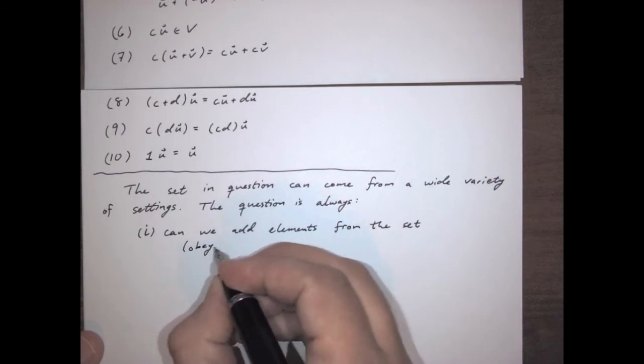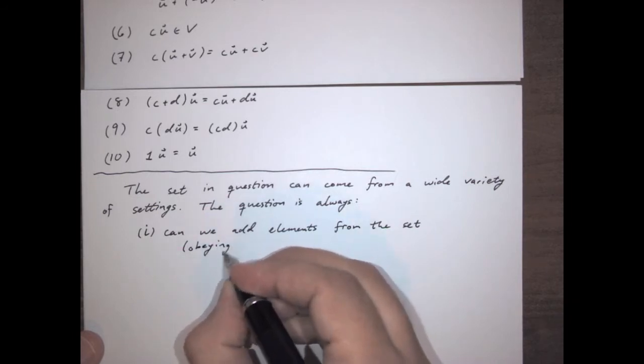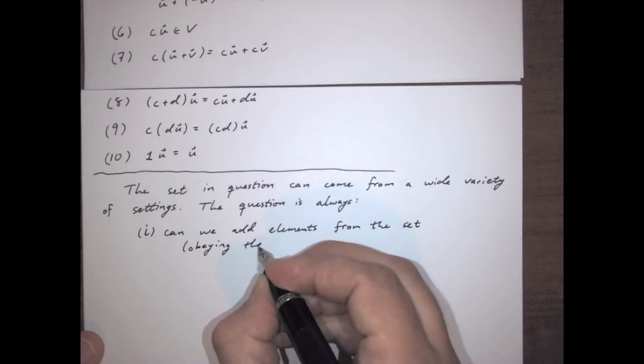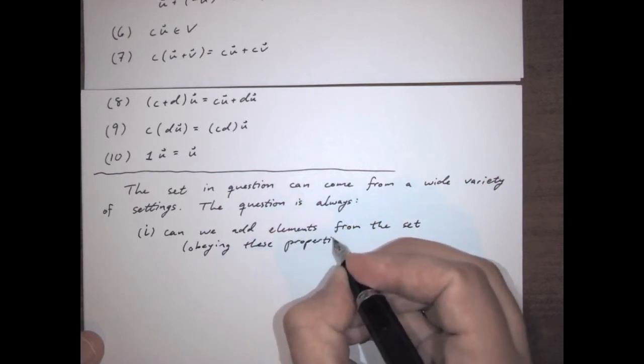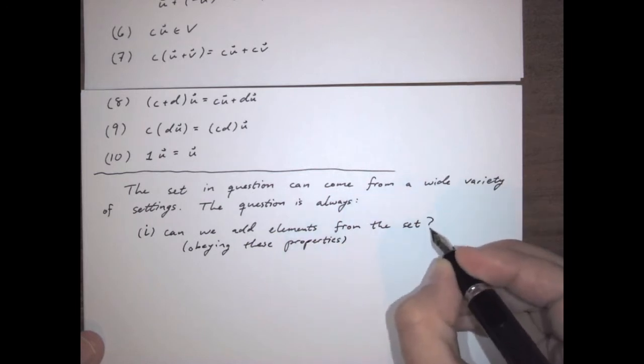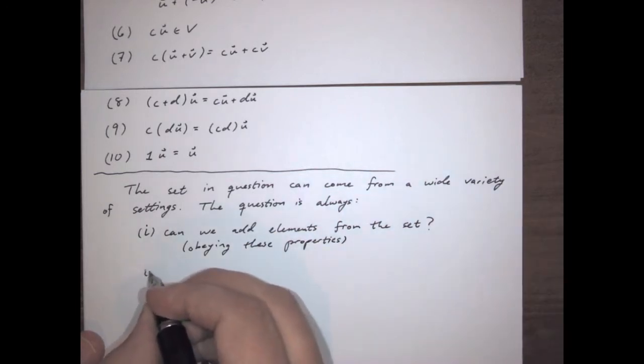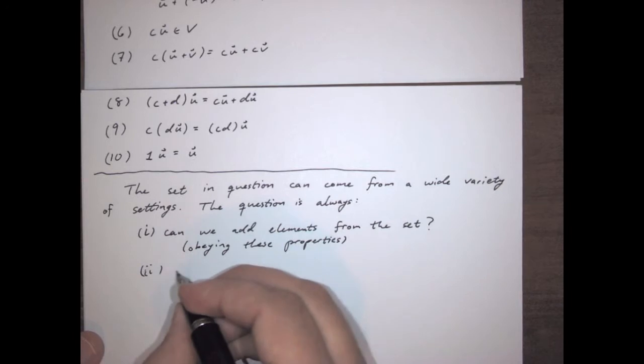And by that we mean obeying all these properties. And can we do a scalar multiplication?